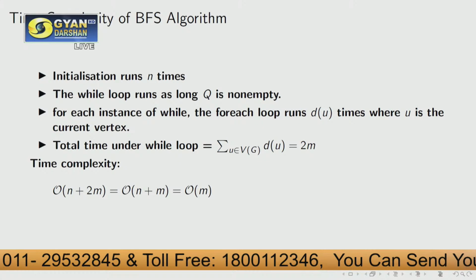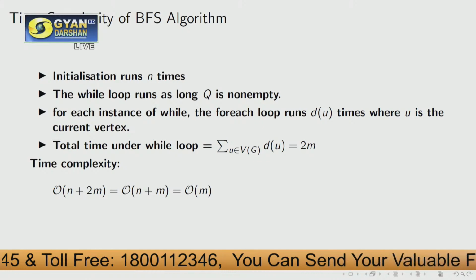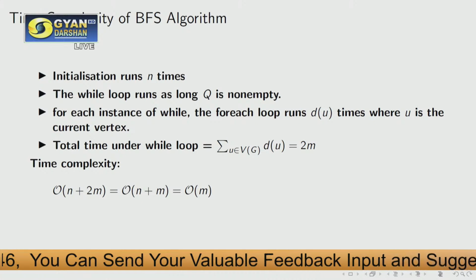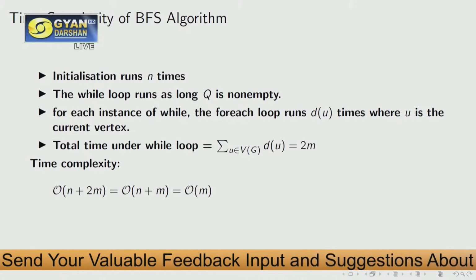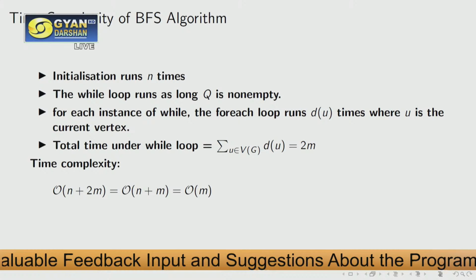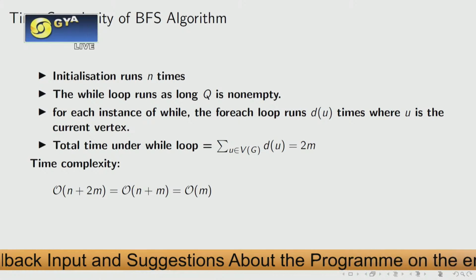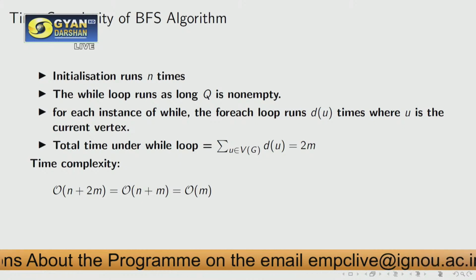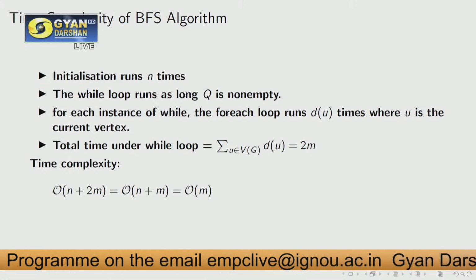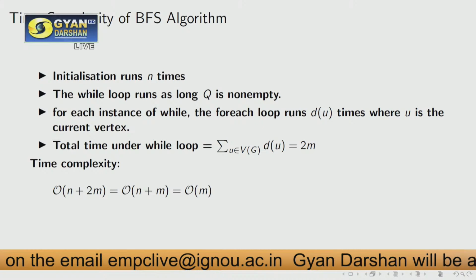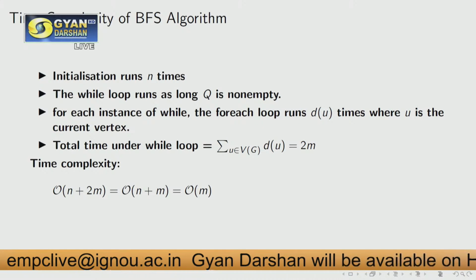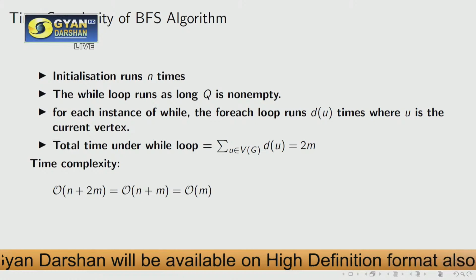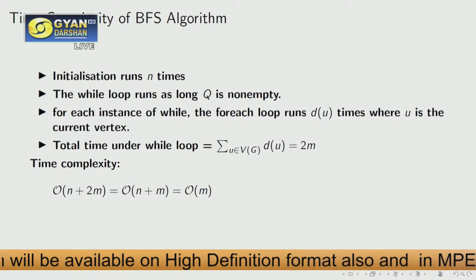So what does it mean? It means that the algorithm takes time just proportional to the number of edges in the input graph. So it is one of the fastest algorithms for graph traversal. In fact, linear time algorithms are the fastest algorithms for graphs, and in general algorithms can take a lot of time, because they could be of polynomial time complexity.